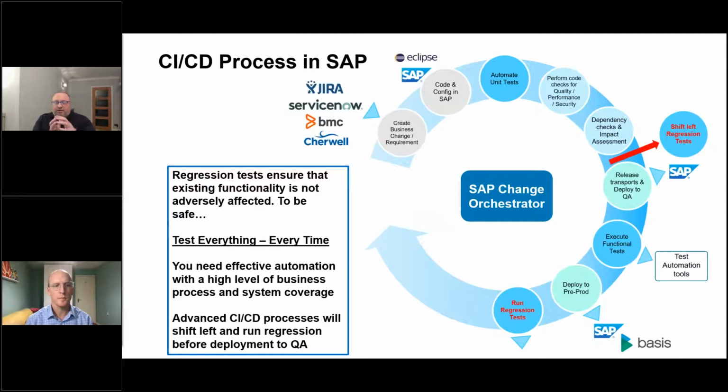So this increases the responsibility of the development team once again, that not only are they doing all the automated unit testing and the quality checks and the dependency analysis and impact assessments, but also that we know that the changes we're pushing out of the development systems don't cause any regressions before they're tested for the actual change that's been made. So advanced organizations that run these types of processes do have that ability to shift the regression testing left in the cycle like this.